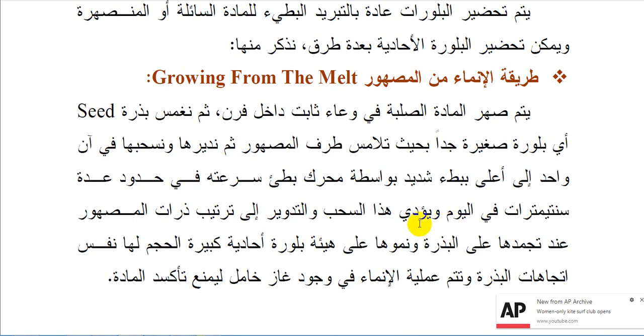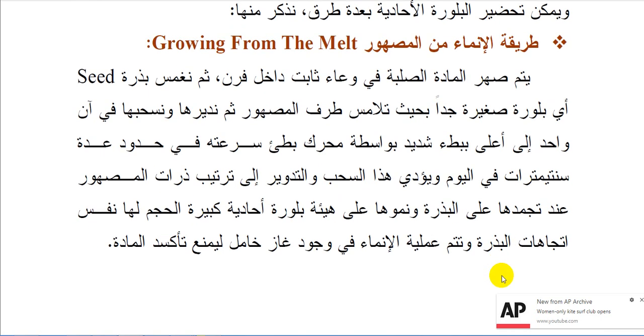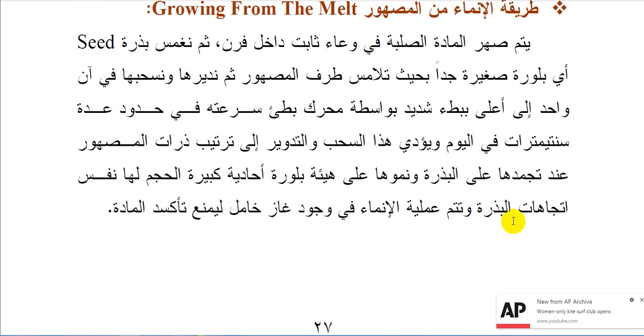The pulling and rotation lead to arranging the molten atoms as they solidify onto the seed, growing as a macro-sized single crystal with the same seed orientation. The growth is done in the presence of gas to prevent oxidation of the material.